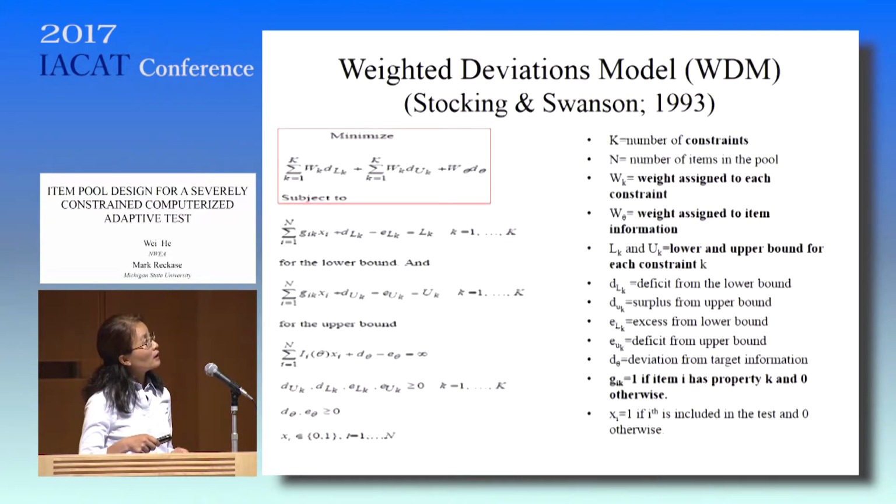This is the weighted deviation model. For time's sake, I'm not going to elaborate on how it works in terms of item selection. But briefly speaking, the WDM works by selecting the items with the smallest weighted sum of deviation from the target values, both statistical and non-statistical.